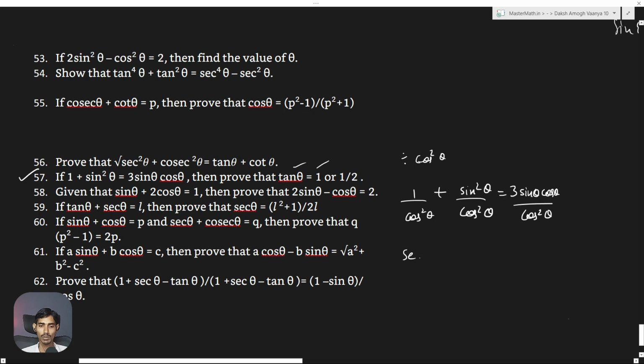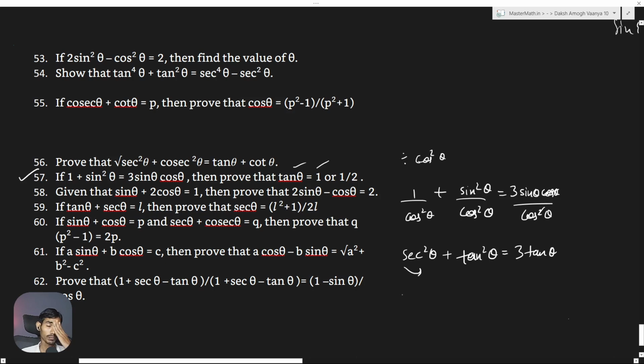So this is secant square theta, which we could convert to tan form. That would be a good thing. And this is tan square theta already. And this is 3 tan theta, because one cos gets cancelled, sine by cos is tan.